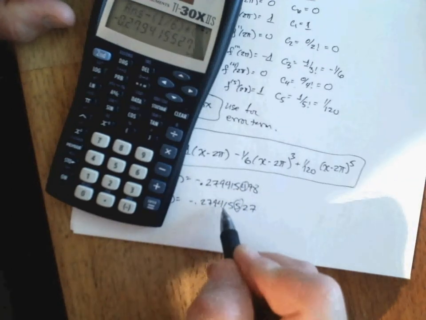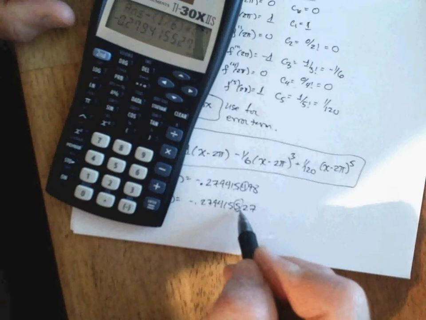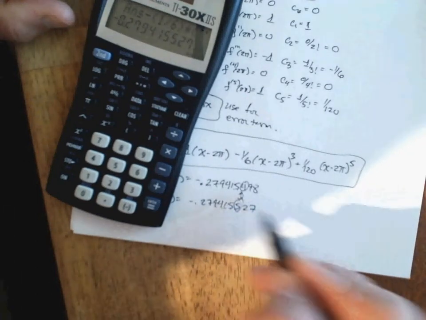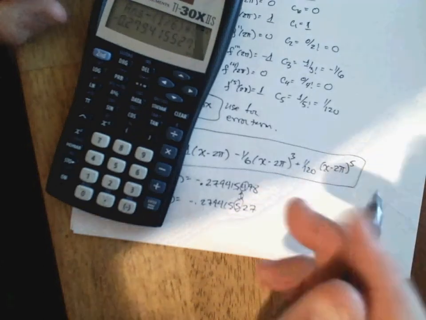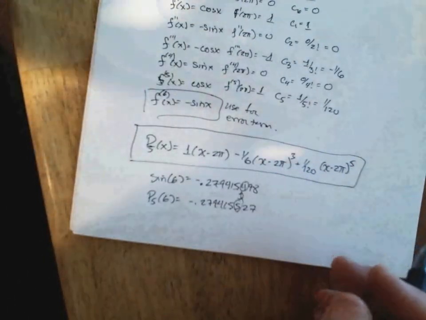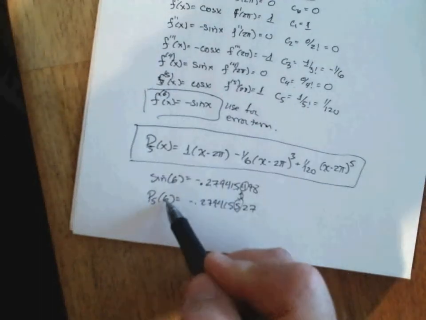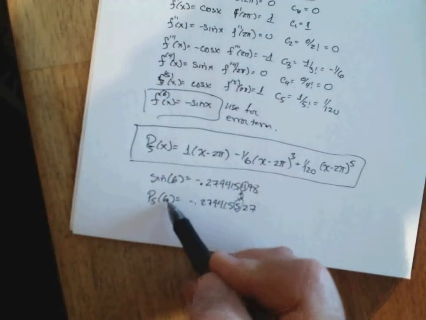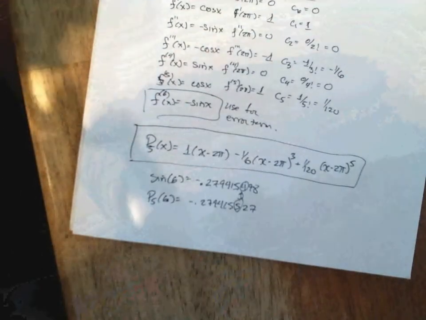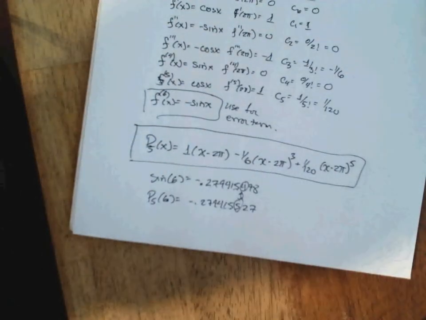Here's where they differ. It's 1, 2, 3, 4, 5, 6, 7th decimal place is where they're different. Okay, so pretty good approximation of the sine function, at least when we're that close to the center, right? 6 is rather close to 2 pi.